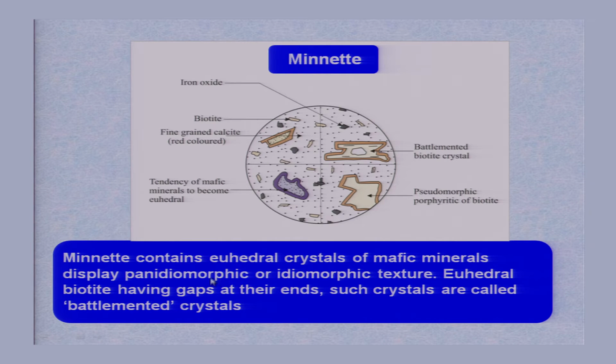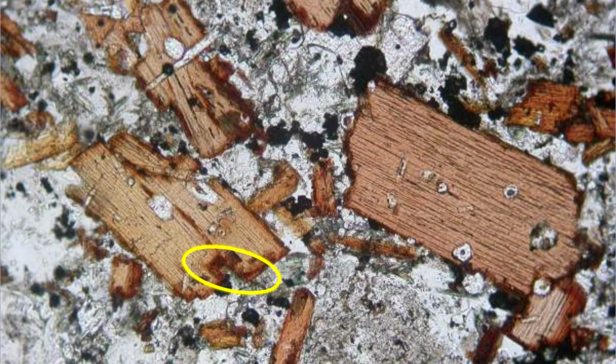It contains euhedral crystals, all euhedral crystals of mafic minerals. This is a biotite euhedral crystal, displaying panidiomorphic or idiomorphic texture. Euhedral biotite having gaps at their ends. These are the ends of the biotite, and these ends show gaps. Such crystals are called battlemented crystals. This is a very characteristic feature of mica bearing lamprophyre.